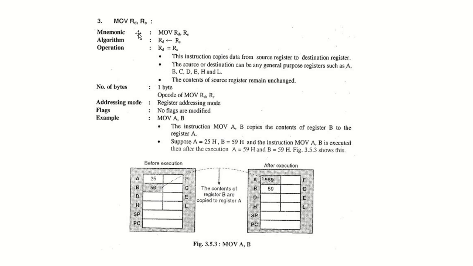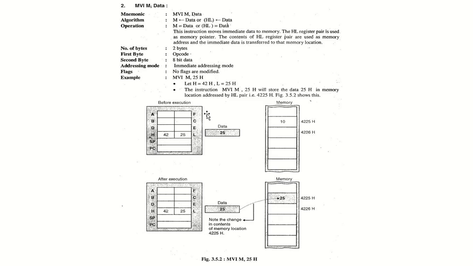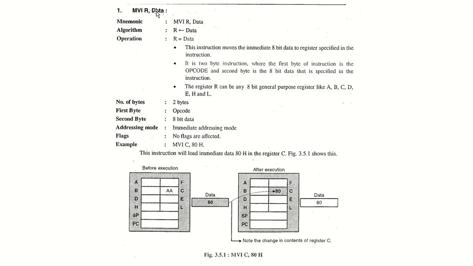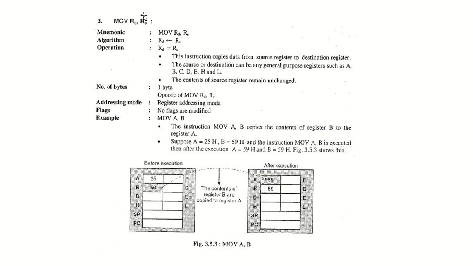And always remember, the source would be on the right hand side and the destination would be on the left hand side. So you can remember this way for not only this but for every instruction. See, source, destination, right? Everywhere. So it also again does not affect any flags. And this is the register addressing mode, because the data transfer is taking place between two registers.